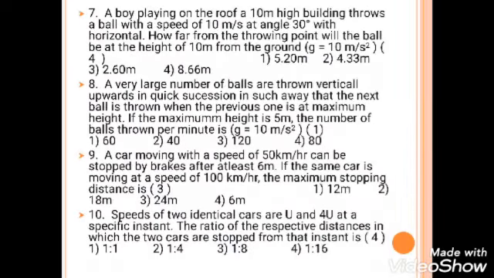Next, going to this seventh problem. A boy is playing on the roof of one building, which is at a height of 10 meters. The boy has projected a particle with a speed of 10 meters per second at an angle of 30 degrees. Here, the question is how much distance it has covered from the initial point when the ball is at a 10 meters height from the ground.